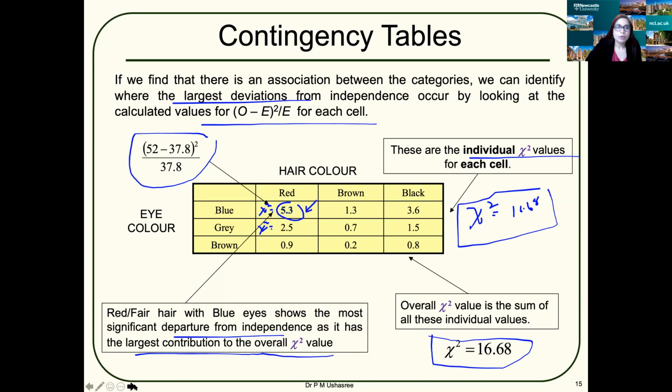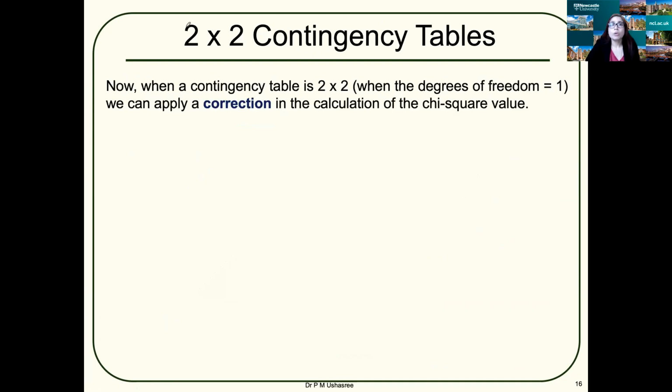Now, another important thing here is that when a contingency table is small, like the 2x2 table, where the degrees of freedom is only 1, we can apply a correction in the calculation of the chi-square value. This is only for a small contingency table with 1 degree of freedom.